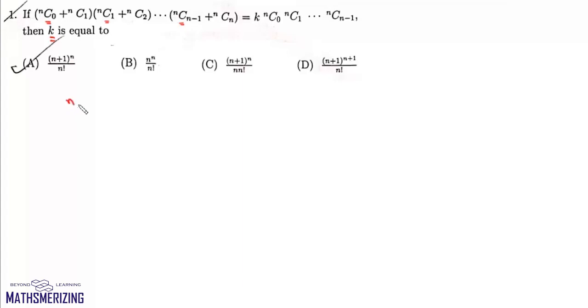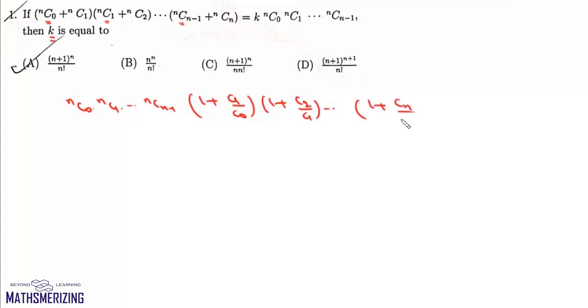Then we can write NC0 into NC1, up to NCn-1, and here it will be 1 plus C1 upon C0, 1 plus C2 upon C1, and 1 plus Cn upon Cn-1.